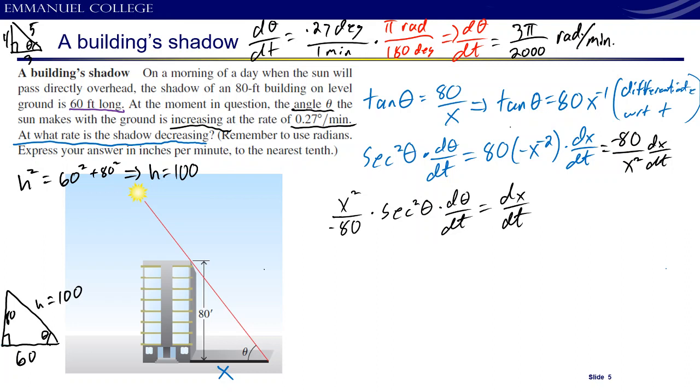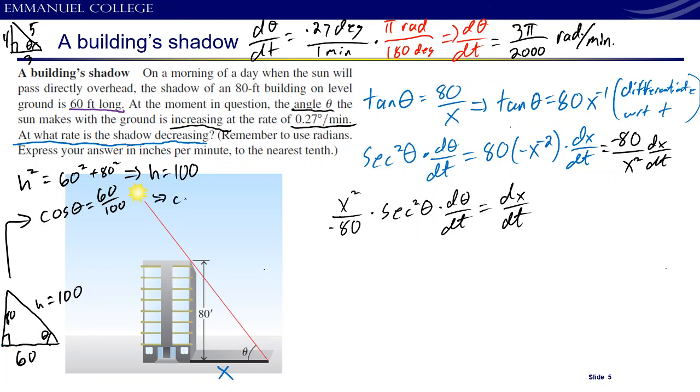So remember your relations: sine is related to cosecant, cosine is related to secant, and tangent is related to cotangent. I don't necessarily have the secant, but I could find the cosine for this triangle. So my cosine of theta is going to be adjacent over hypotenuse, so it's 60 over 100.